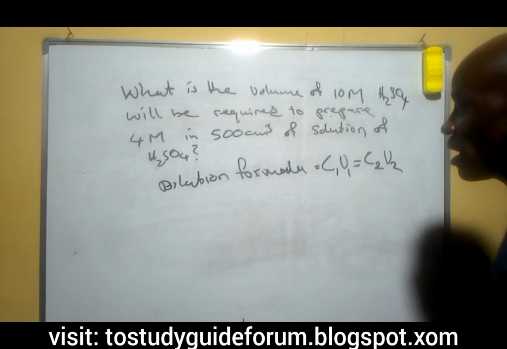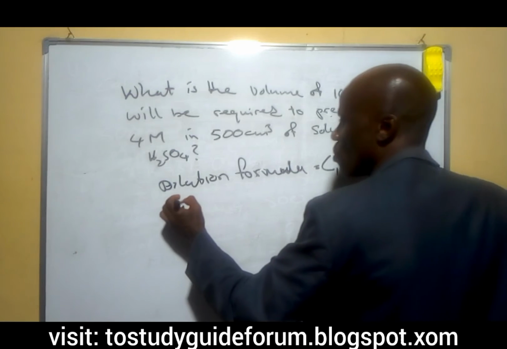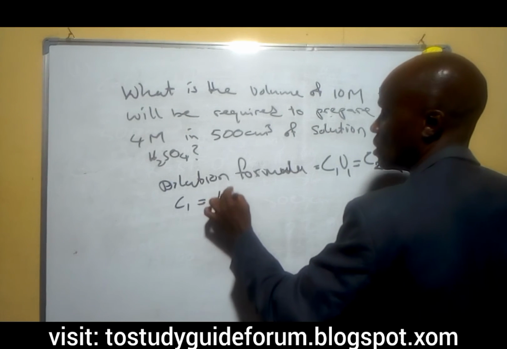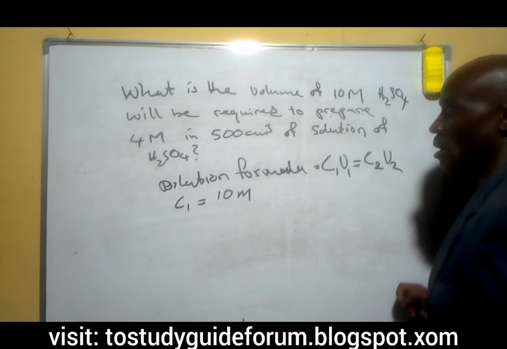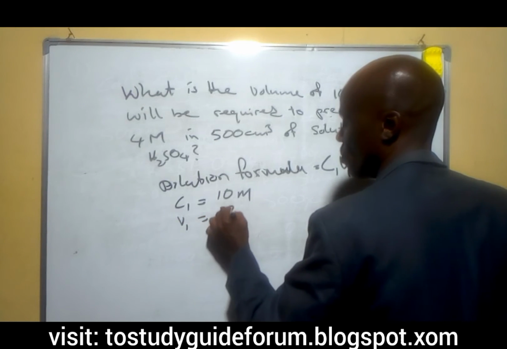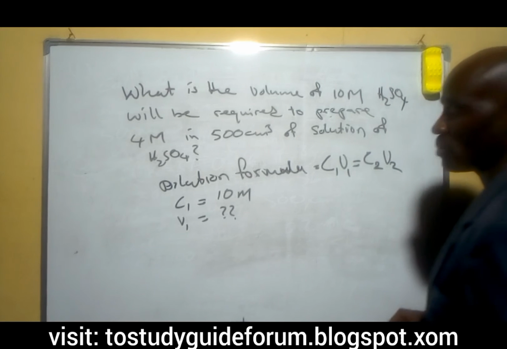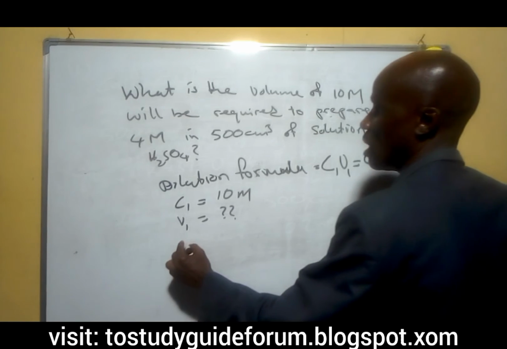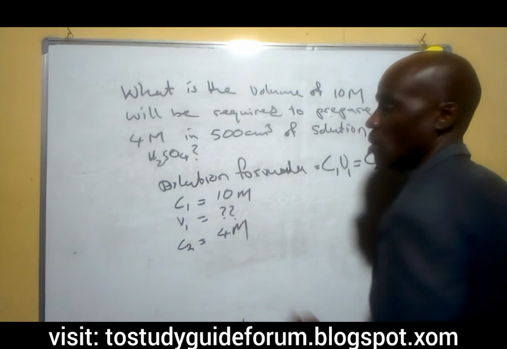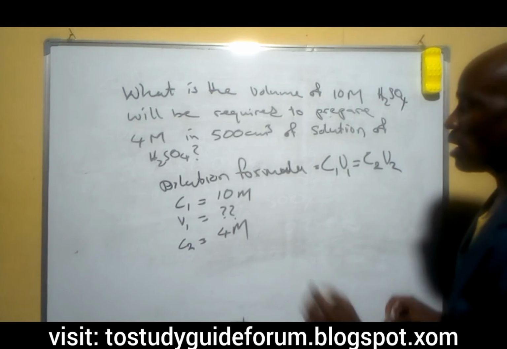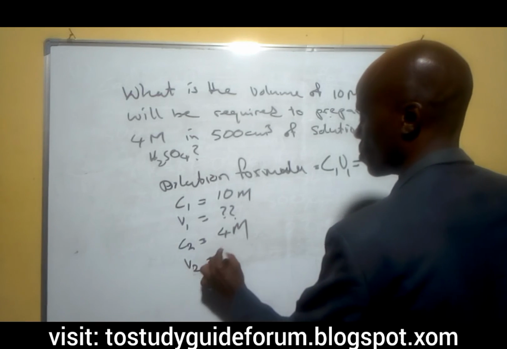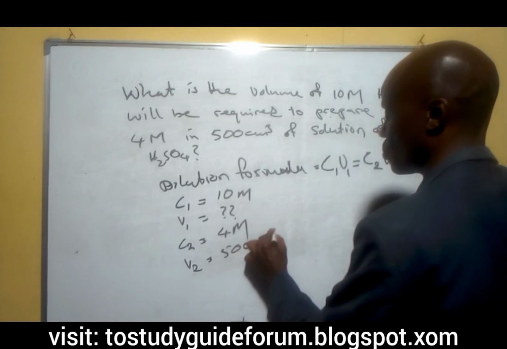In that case, C1 will be this concentration, the molality, which is 10 moles, and then the volume is what we don't know. The volume of this that will give us that is what we're looking for. And we have the concentration or molality, which is 4 moles, and the last one we have the volume V2, which is 500 cm cube.